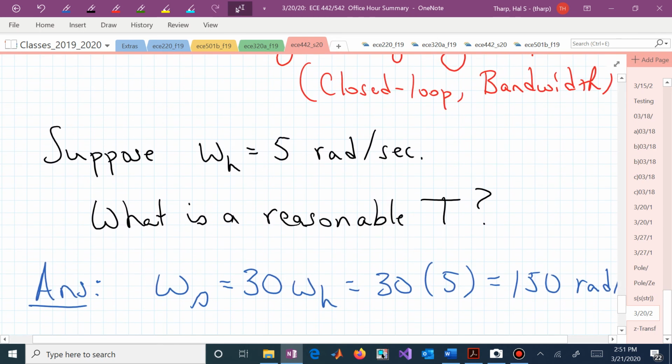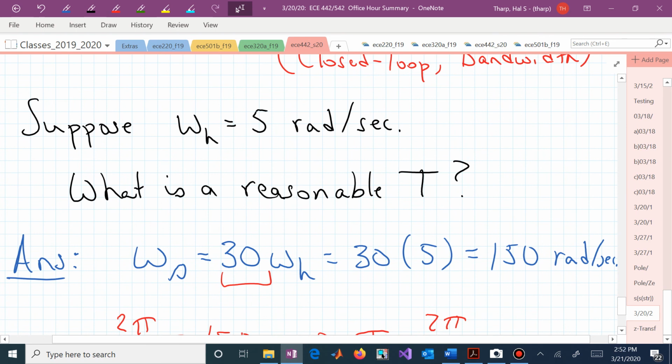Well, from our rule of thumb, that's 30 omega sub h. If our highest frequency in the system, let's say that's our closed loop bandwidth, or the highest frequency in a signal, is 5 radians per second, there's the 5. That's the omega sub h. In this case, our sampling frequency needs to be close to 150 radians per second.